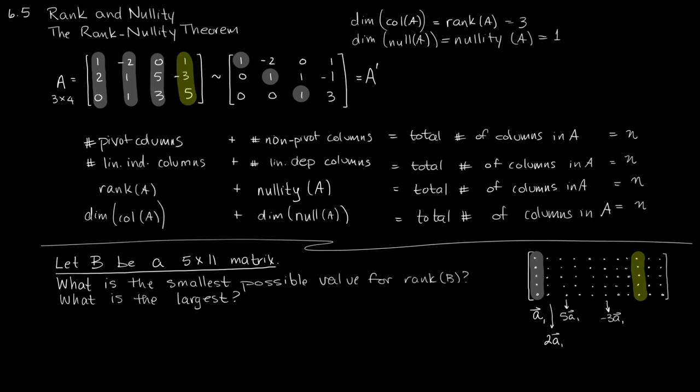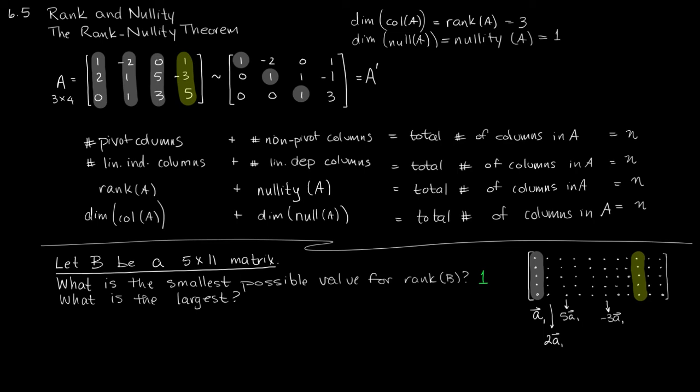In some unknown 5 by 11 matrix, each one of these could be a multiple of A1. And so it is possible to have only one linearly independent vector in a matrix of any size. And so the answer to this question is 1.